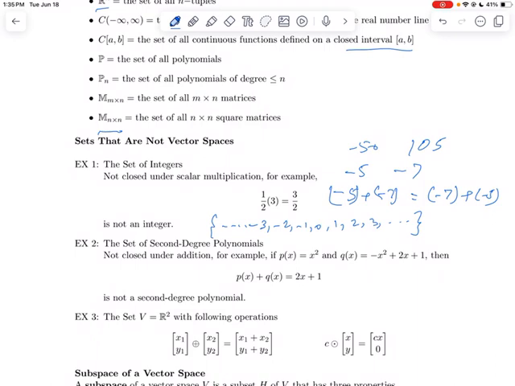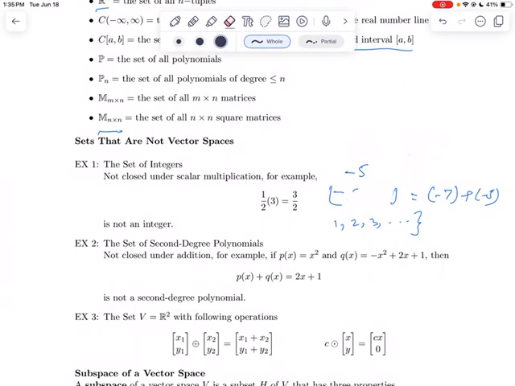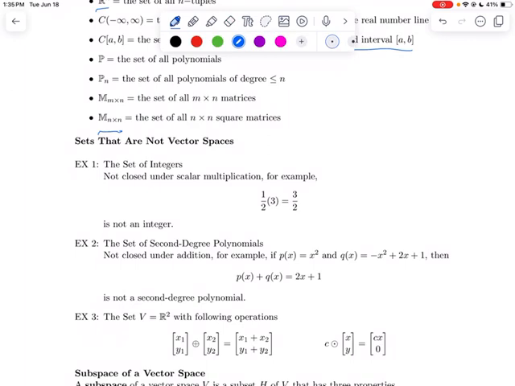But what about scalar multiplication? In the scalar multiplication as shown here, we can choose any real number to be multiplied by the vector, right? So let's say our chosen vector is 3. Now, pick any real number. If you multiply 3 by negative 5, you get negative 15, which is going to be in that set of integers.